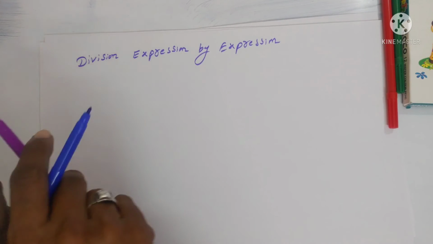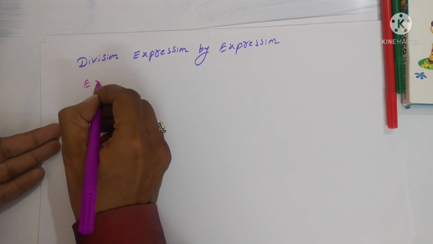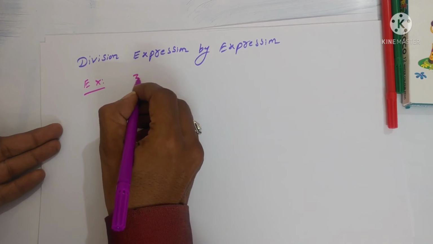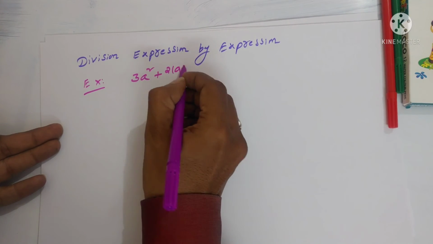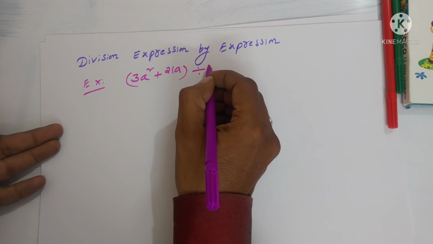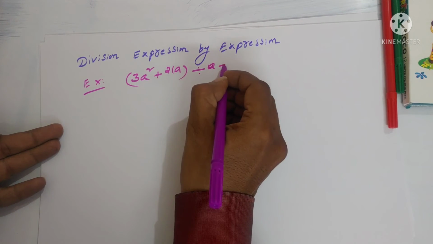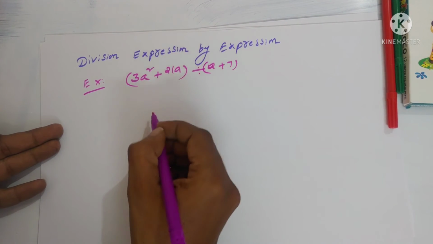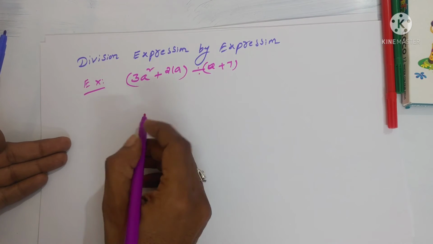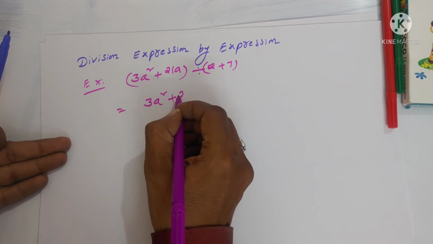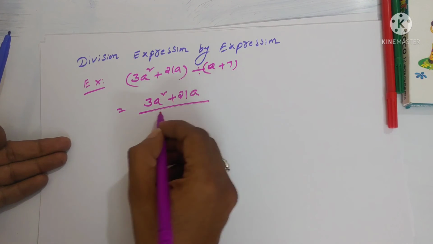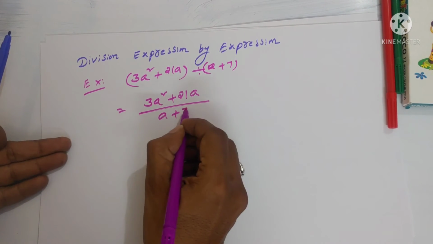Now see this one example here. Let us consider 3a square plus 21a divided by a plus 7. Okay children, so first of all write it in fraction form, 3a square plus 21a by a plus 7.